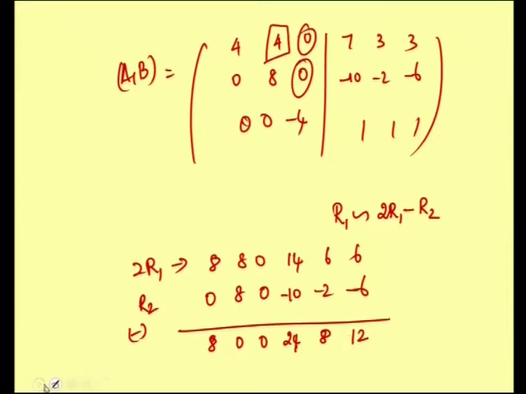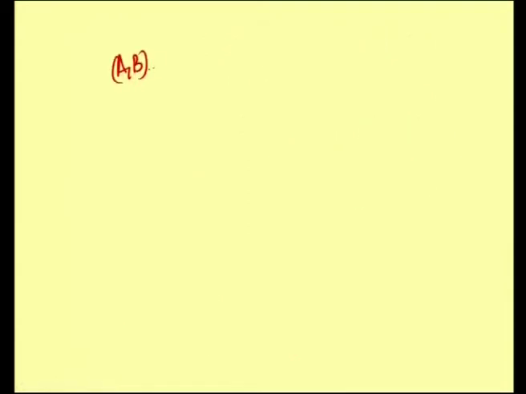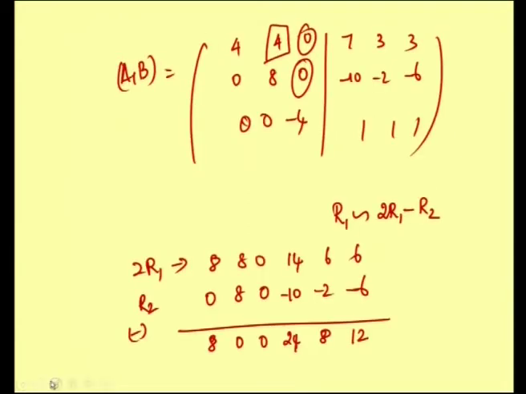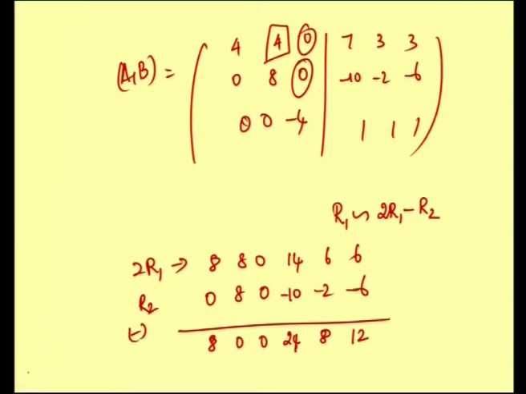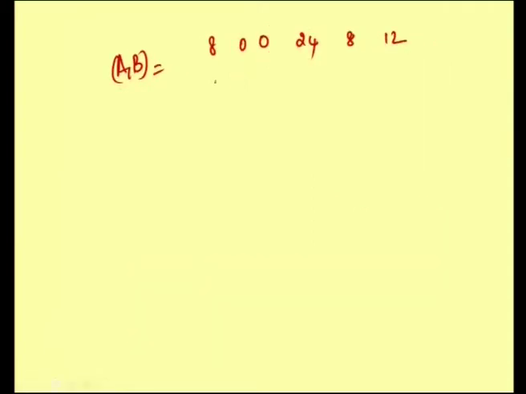So, our A comma B becomes 8, 0, 0, 24, 8, 12, and R2 and R3 are written as they are, that is 0, 8, 0, minus 10, minus 2, minus 6, 0, 0, minus 4, and then 1, 1, 1.